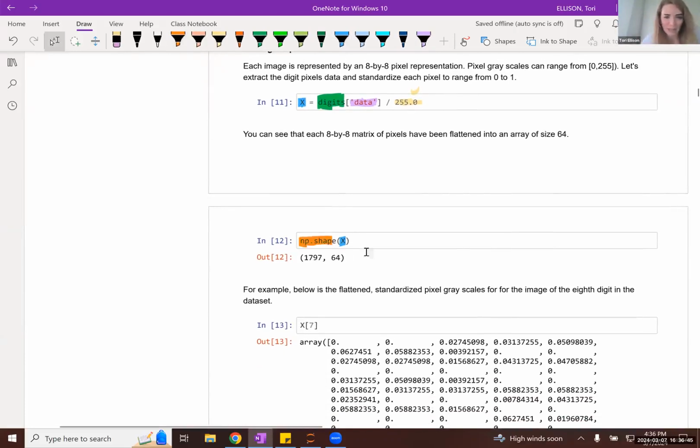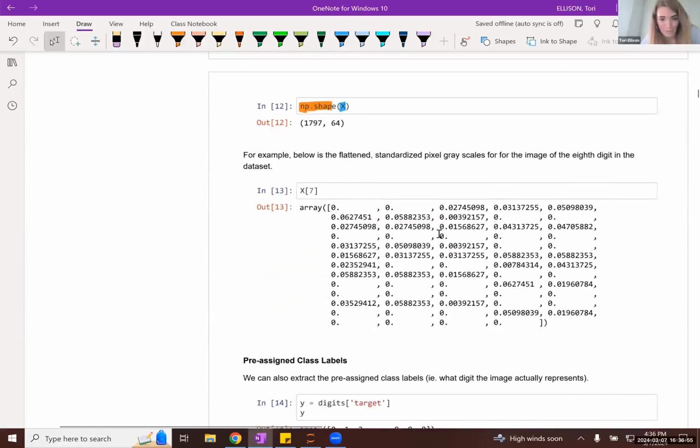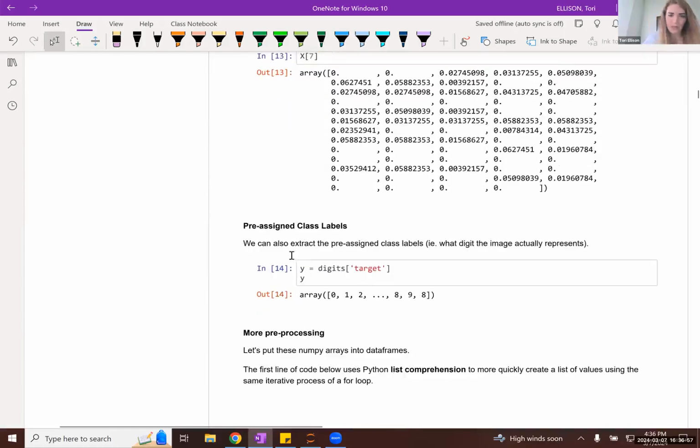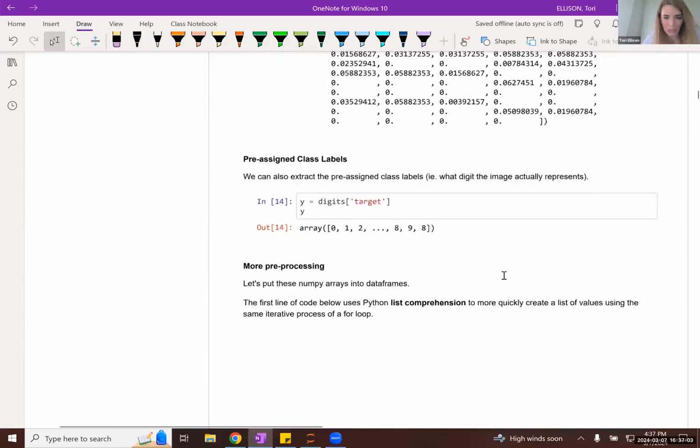What this shows me is that there are 1,797 images, and they each correspond to 64 pixel columns. And then I'm also going to extract the pre-assigned class labels, i.e. the digit that each image is a picture of.